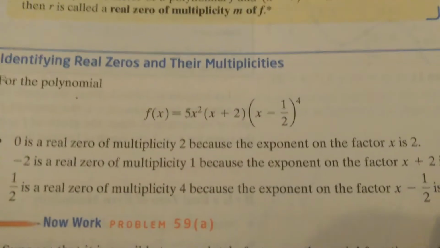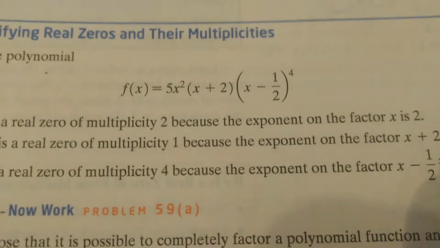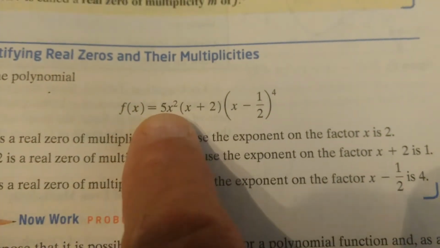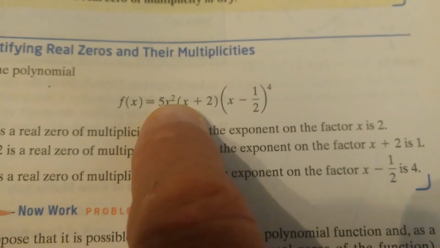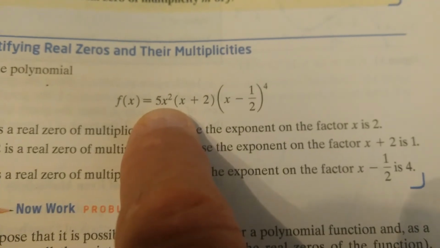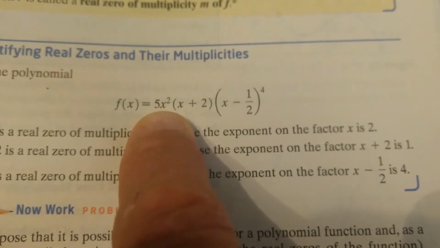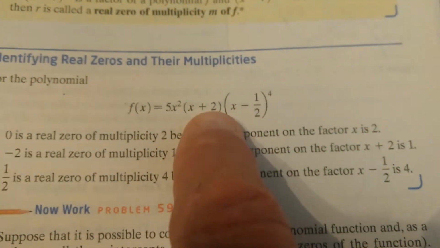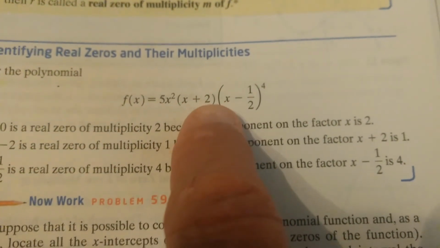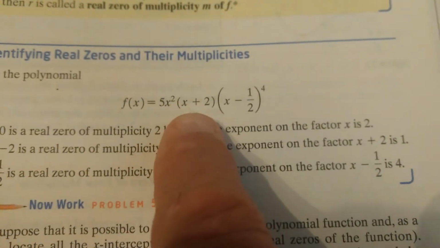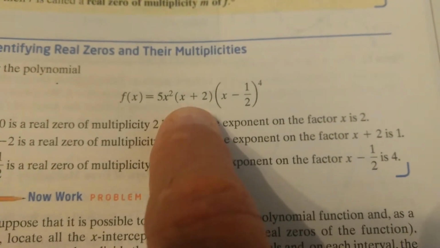Looking at this problem with multiplicity, the x squared is to the even power, so this part of the graph is going to go up, touch the 0, and turn back. This is x plus 1, but it's really to the first power, which is odd.